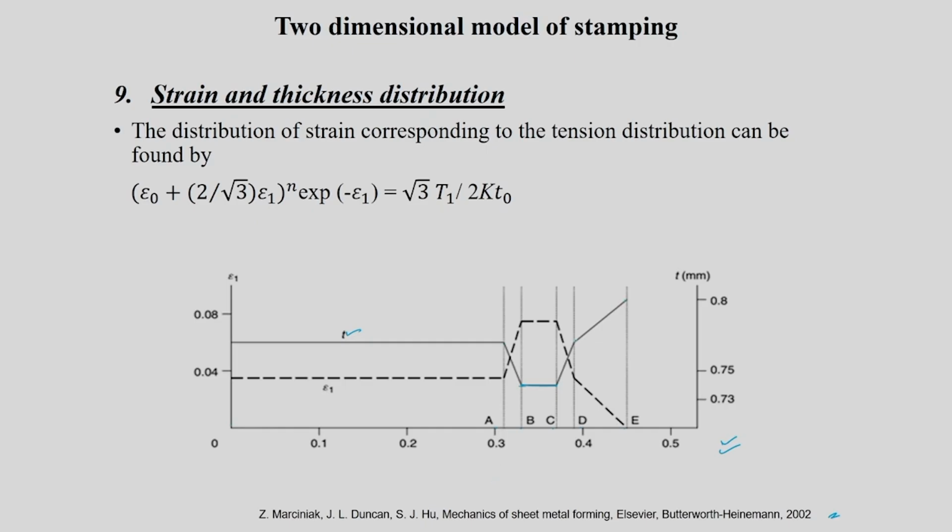Between D and E, since it is an unsupported region, it will not thin down like it did in this region, so naturally it will increase, and then you can connect this with an increase in thickness, and then it will reach E.